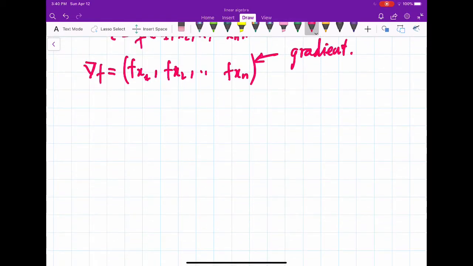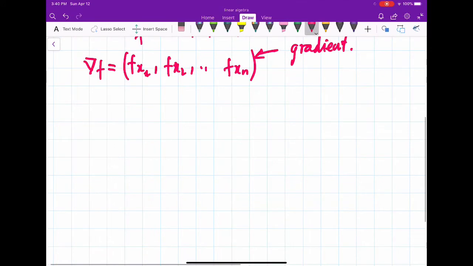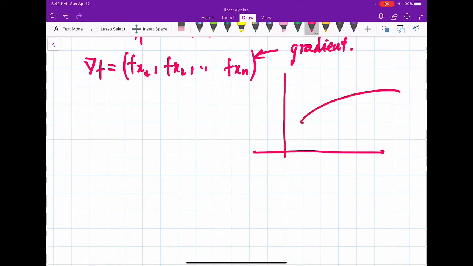Before we move to that, let me remind you what we did in calculus 1. Suppose that we have some function right here, and we want to approximate this function using the tangent line. Suppose that we are considering the point x0, and the function is differentiable at x0. That means the function has a tangent line at this point.